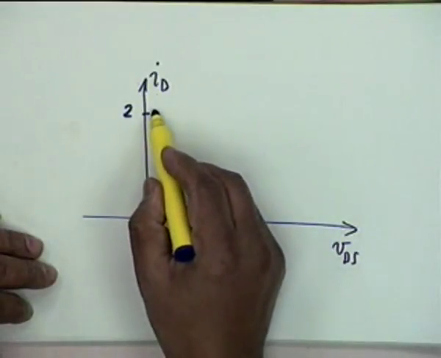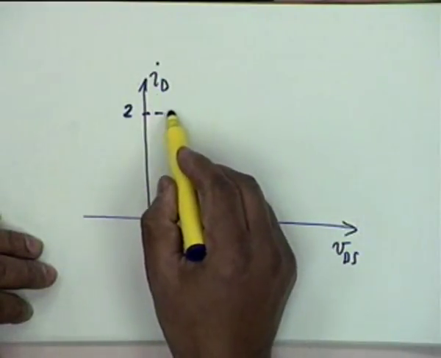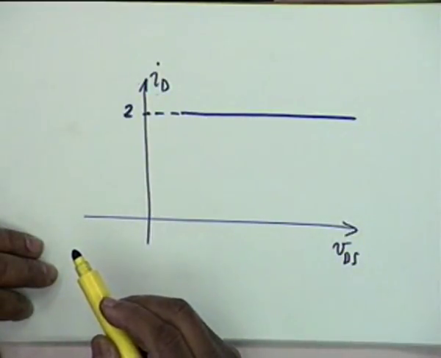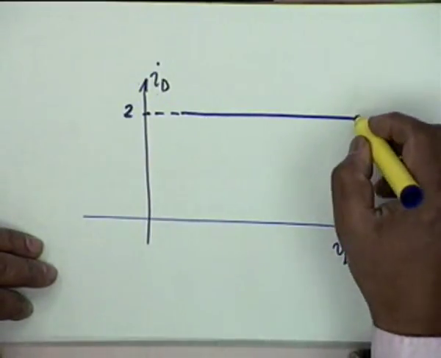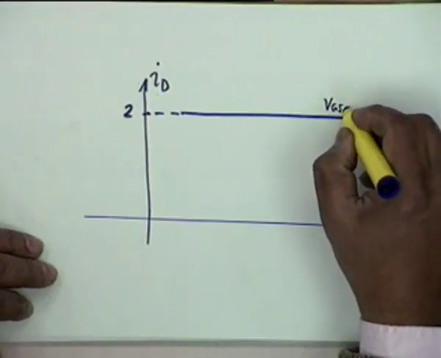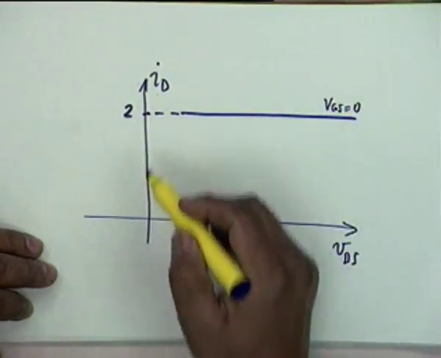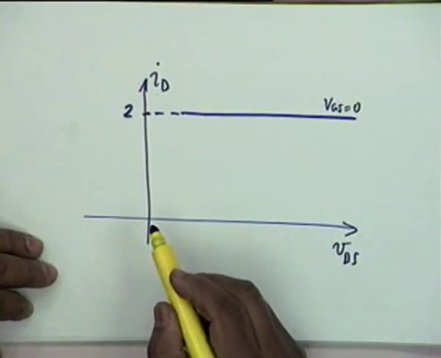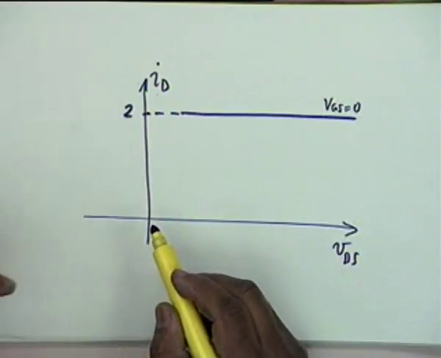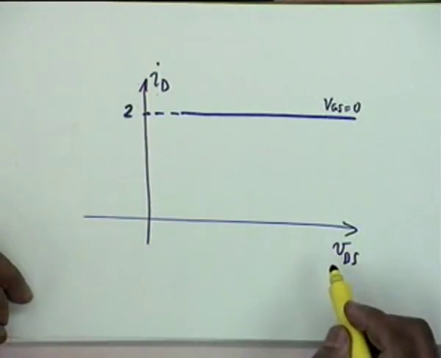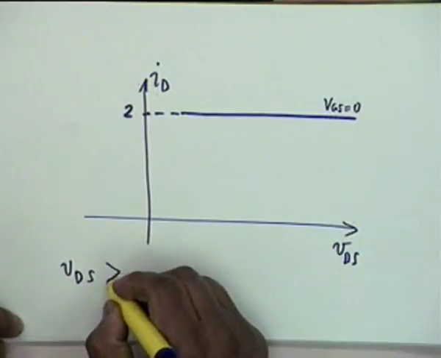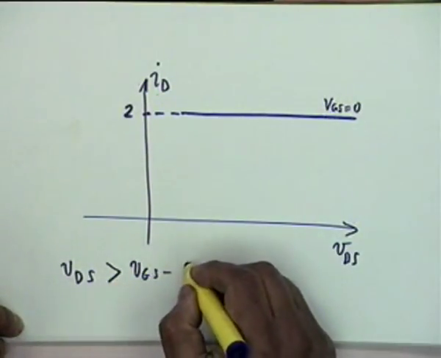So at 2 milliampere you draw a line, but this line is true for VGS equal to 0. The line cannot start at VDS equal to 0, because for saturation VDS is to be greater than VGS minus VP. So the saturation condition is VDS greater than VGS minus VP.